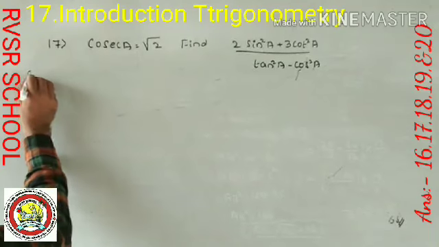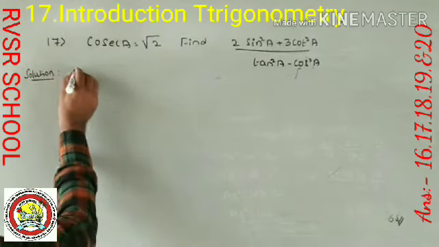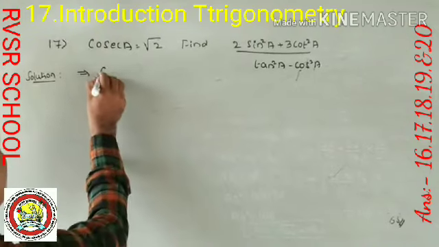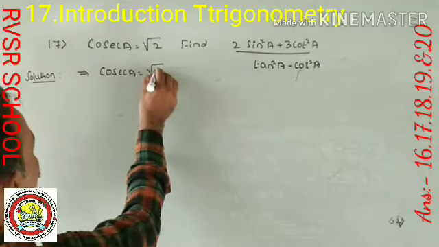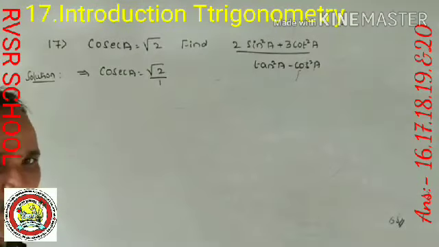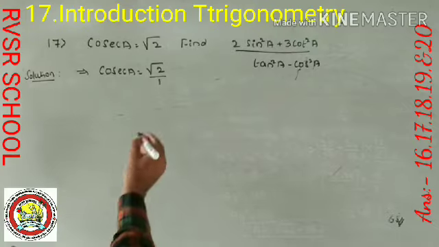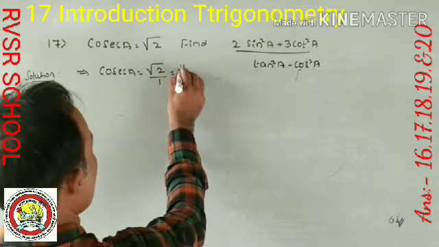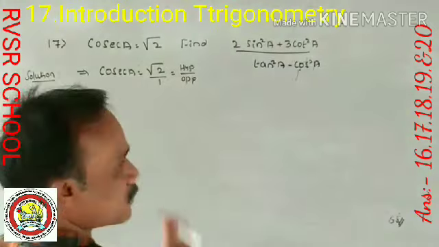Solution: cosecant A is equal to root 2 by 1. So this is equal to hypotenuse divided by opposite.